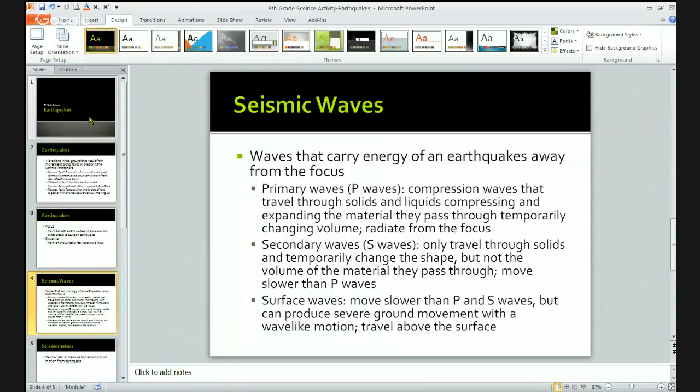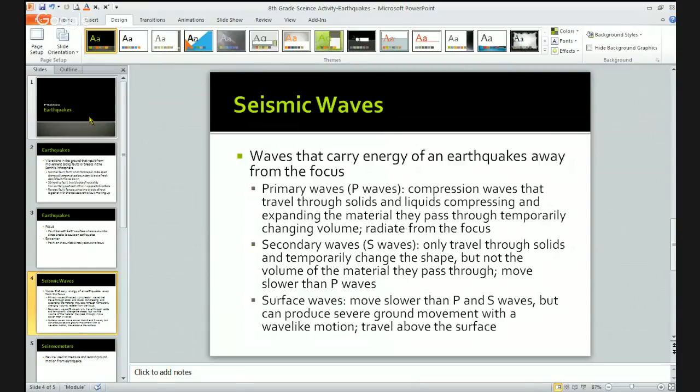Secondary waves are S waves. This is like if you took your slinky and instead of just giving it a little push and seeing that wave, it's going to be more of what you might call an actual wave. I think you see that one better on the video. He'll take the slinky and he'll move it back and forth, right and left.